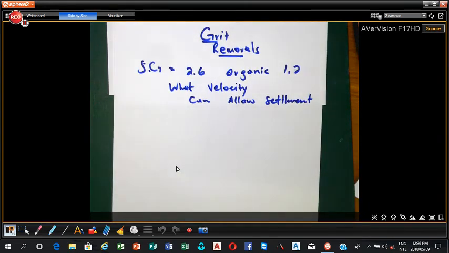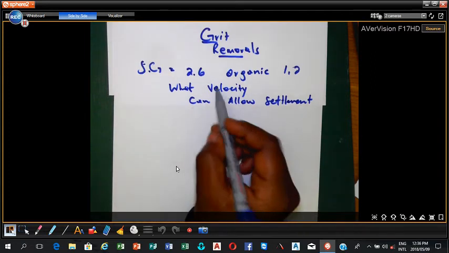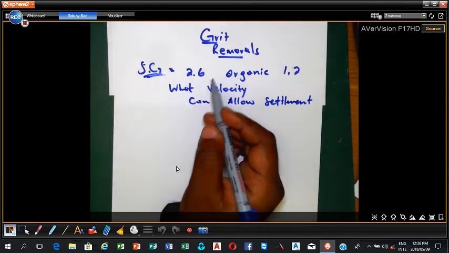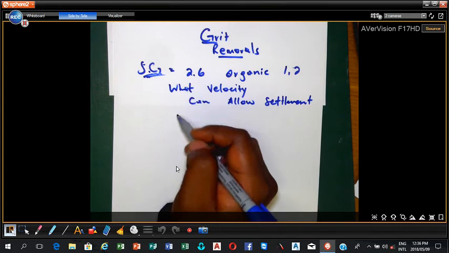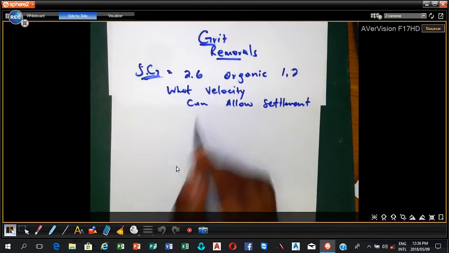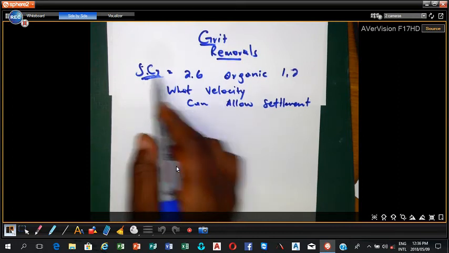Remembering that in grit channels and grit removals, we are trying by all means to make sure that the solids are settled as they are high in density and they are separated from water. But now, what is the velocity that can assist us in settling these solids?